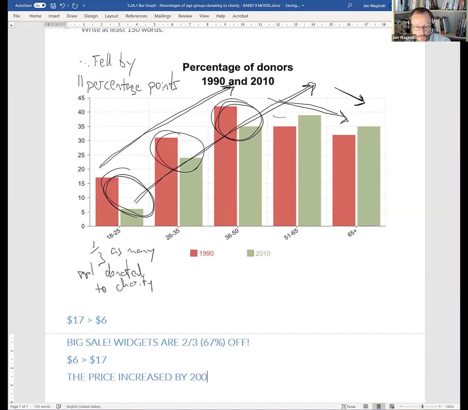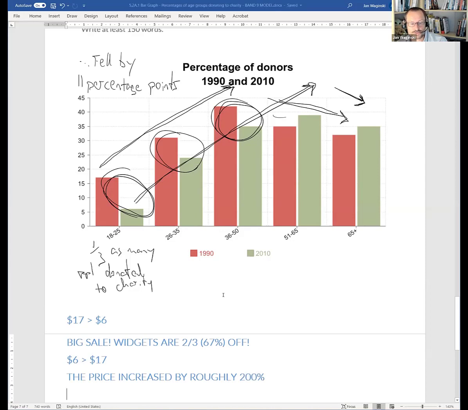Remember, double is 100% increase. Triple is 200% increase. And I'm going to put roughly in here. So this is the percentage increase. Just like here, the percentage point increase is 11 percentage points.